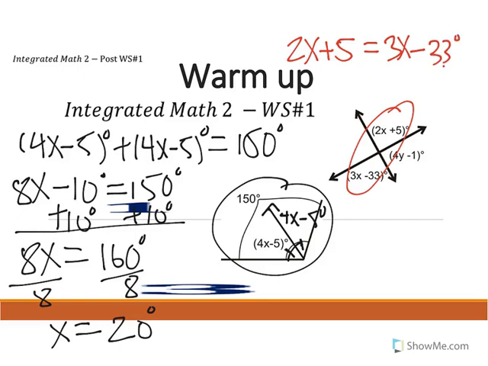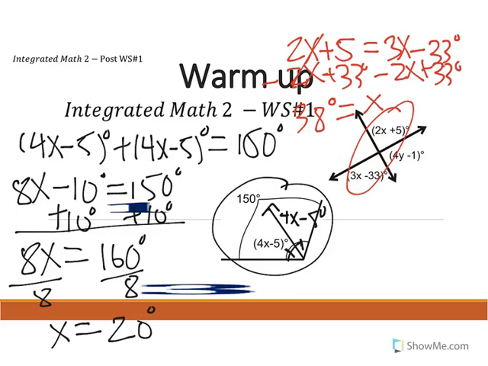And then from there we can solve for x by subtracting 2x from both sides, and then adding 33 to both sides. So this reduces to 38 degrees equals 1x. So x is equal to 38 degrees for this diagram.